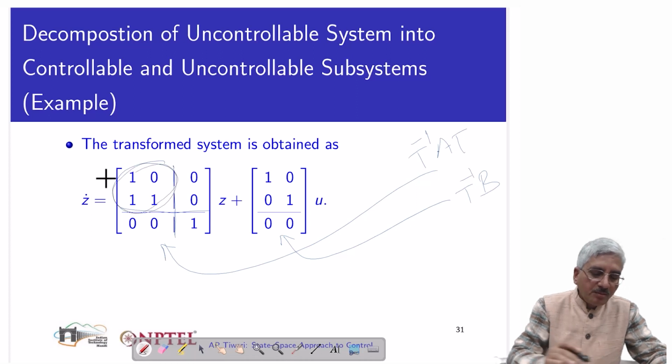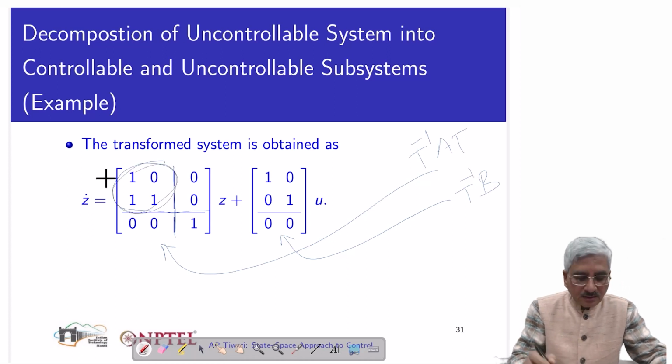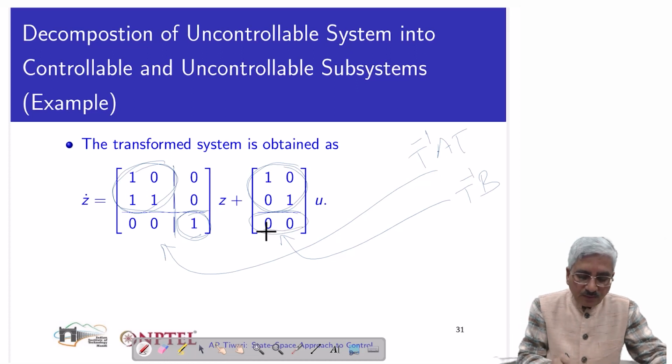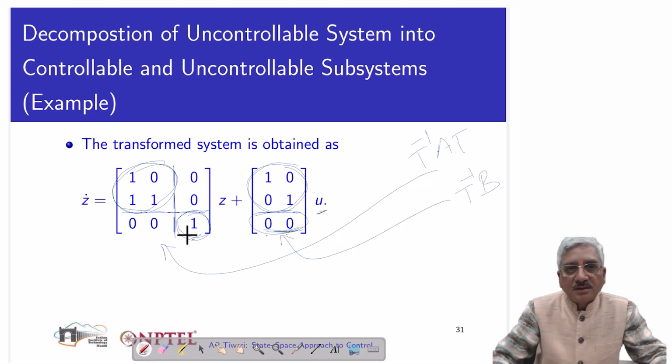This is A bar CC, and this is B bar C, and this is A bar UU, the uncontrollable part, and this is the corresponding input part. We can see that the input is not reaching the state.